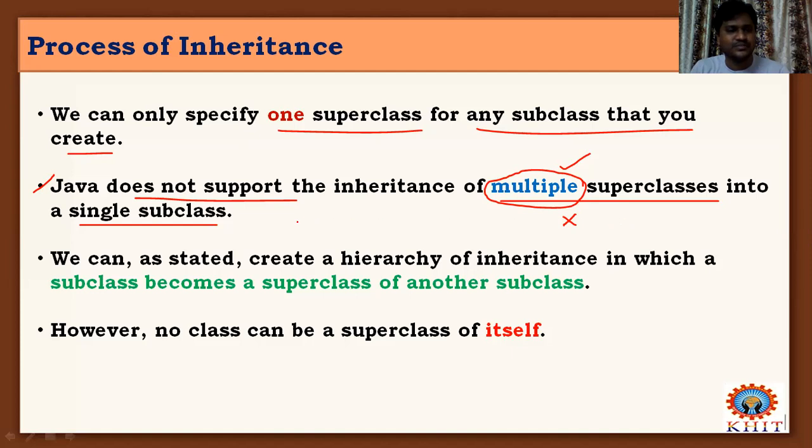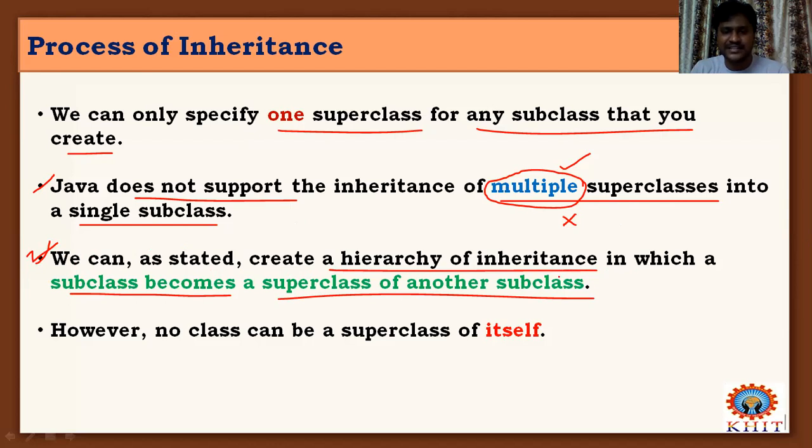Then coming to the next one, as stated, we can create a hierarchy of inheritance in which a subclass becomes a superclass of another subclass. This is also one important point when we are going to implement or extend class properties to another class, and the concept is called inheritance.